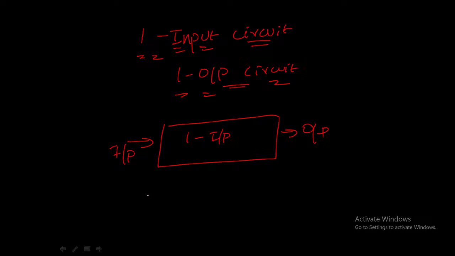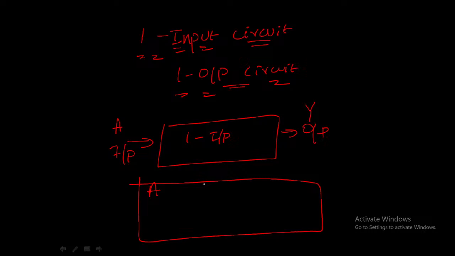Then the truth table for this particular circuit is given by A and Y, where our input is A and output is Y. A may be 0, A may be 1.